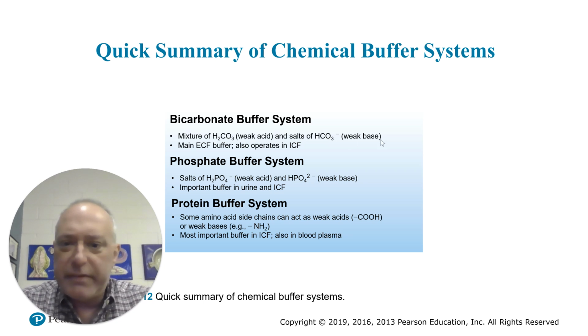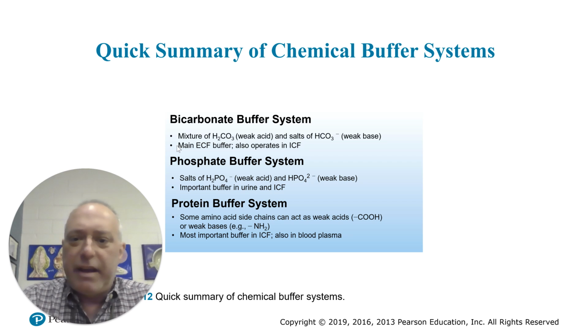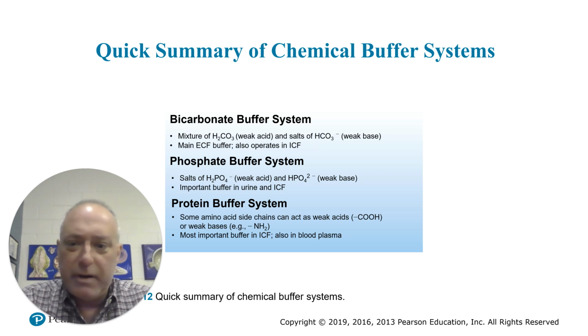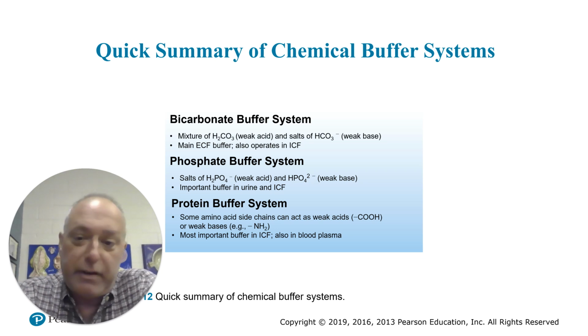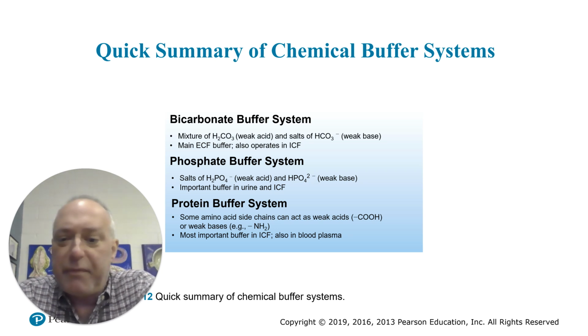It's a weak base and operates mainly in the extracellular fluid, but also in the intracellular fluid. There's then the phosphate buffer system, which is a weak base, but phosphate buffer systems are important in urine and intracellular fluid. And then there's a protein buffer system with amino acids and side chains and different proton donators and acceptors.